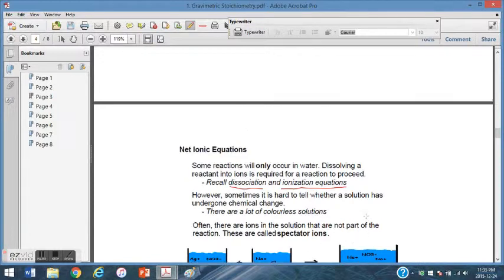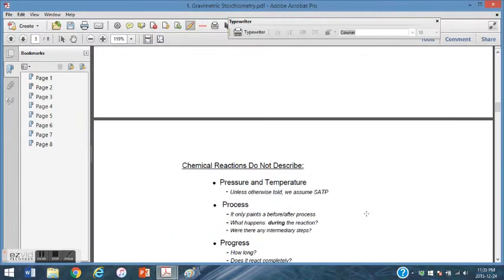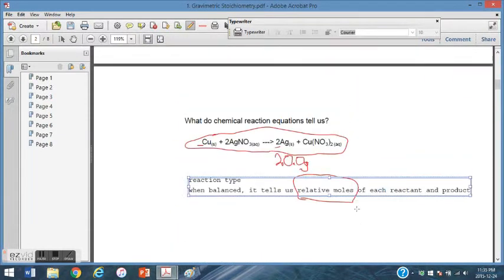Okay, so for example, when we look back at this equation that I've been beating to death, we have silver nitrate and copper 2 nitrate. All of the nitrate stuff, it's aqueous before, it's aqueous after. It's not reacting. It's along for the ride. Now, in order to get silver ions to the party, they've got to come with somebody.